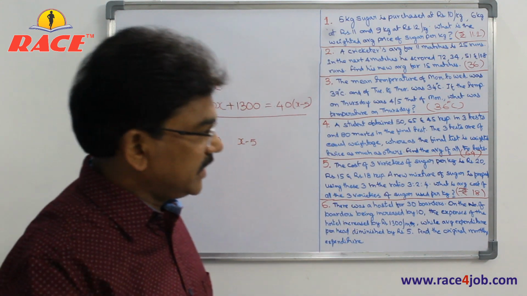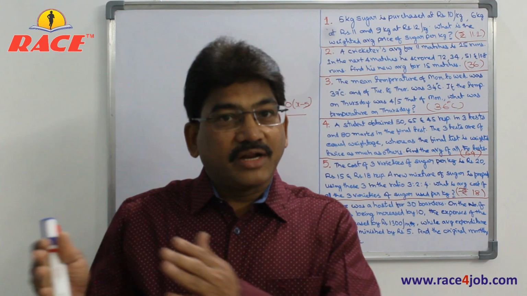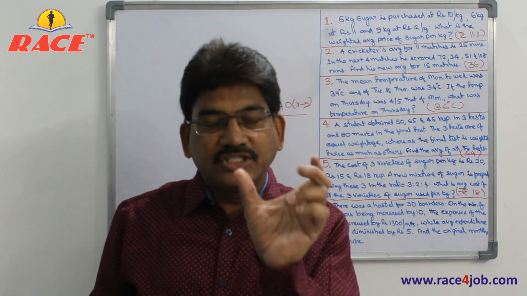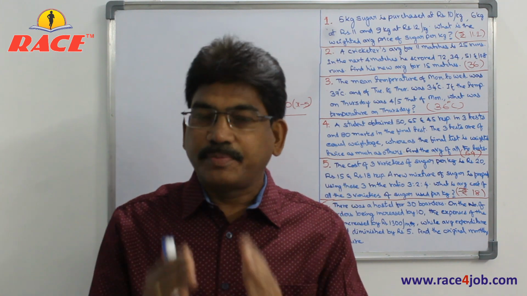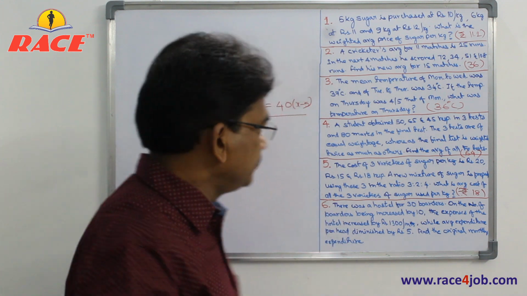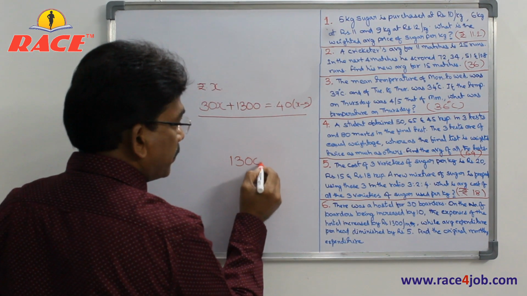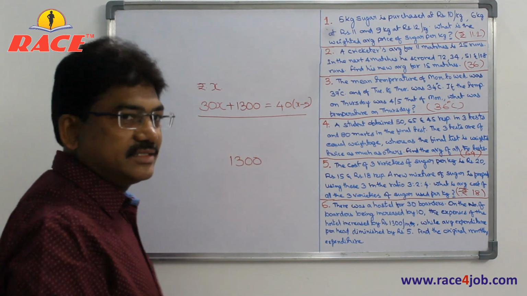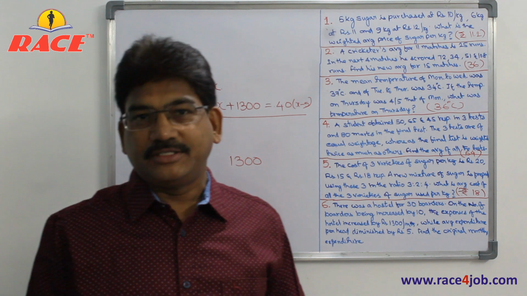See the simple shortcut, the simple way to answer. See, the 30 students' average is something we don't know. But after 10 people join, the expenditure increases by 1300 rupees. That means those 10 people's expenditure is 1300 rupees. But the average is decreasing by 5 rupees.